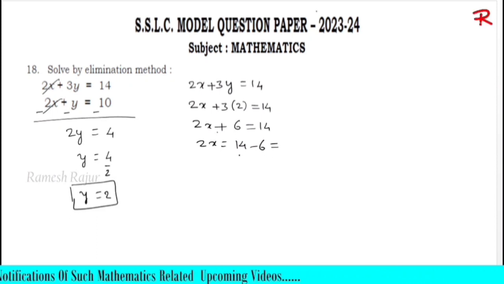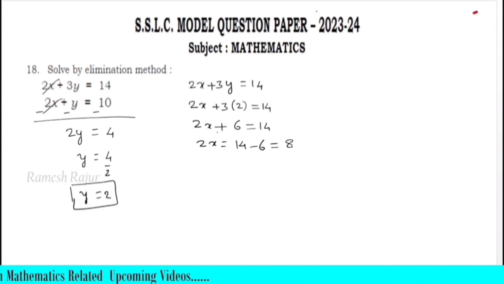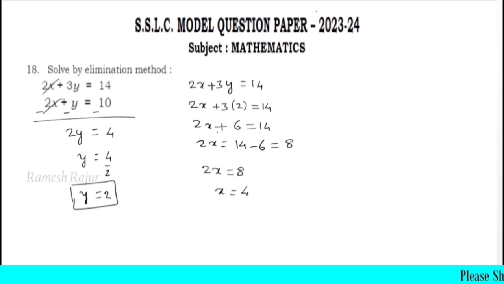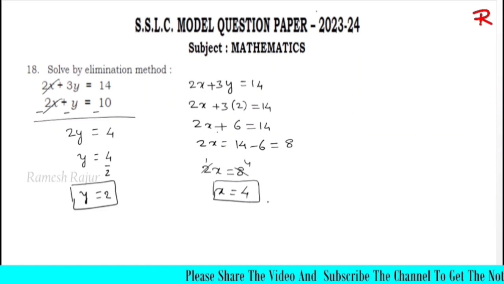The difference between 14 and 6 is 8. That is 2x is equal to 8, and that implies x is equal to 4. 2 fours are 8. Therefore, we get the value of x as 4.